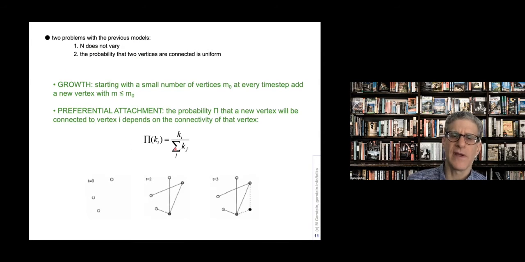Now in the Barabasi-Albert model, we're going to introduce this notion of preferential attachment. We're going to have a number of vertices, and at each time step, we're going to add to them. But the probability that we add is going to be proportional to the degree of the vertex.